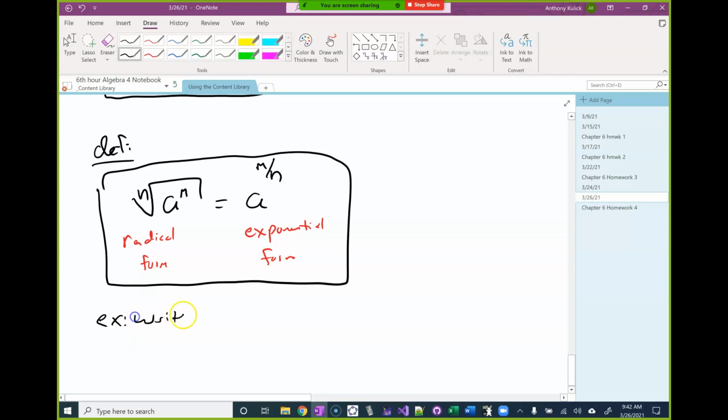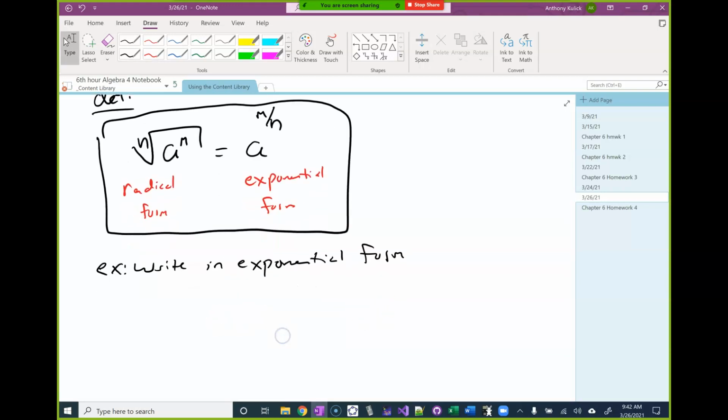So just to practice using that a little, let's say we want to write these answers in exponential form with examples. Let's say we have the cube root of 2 squared.